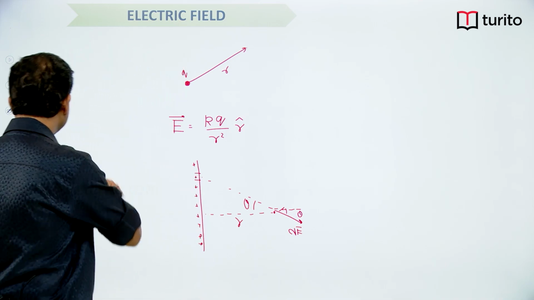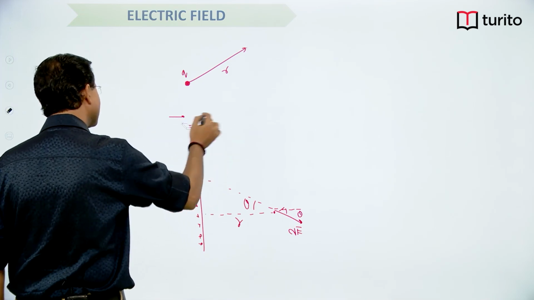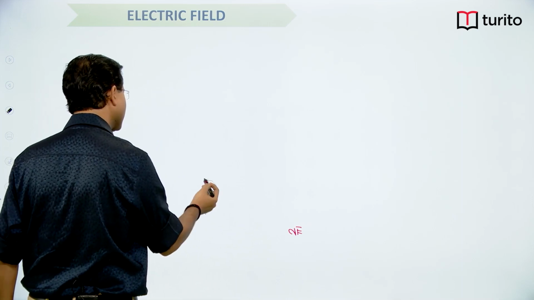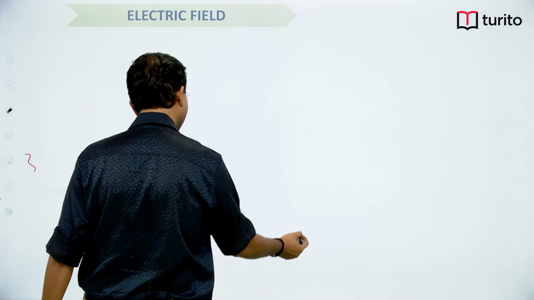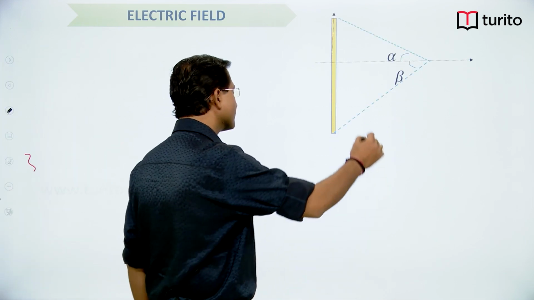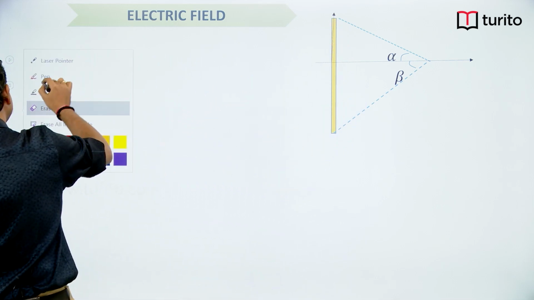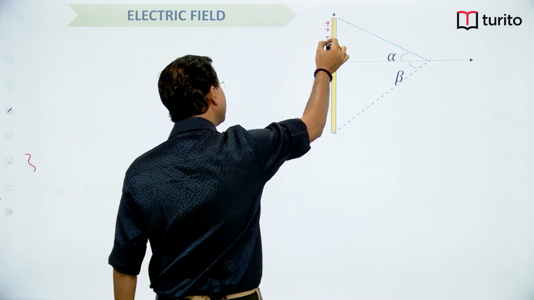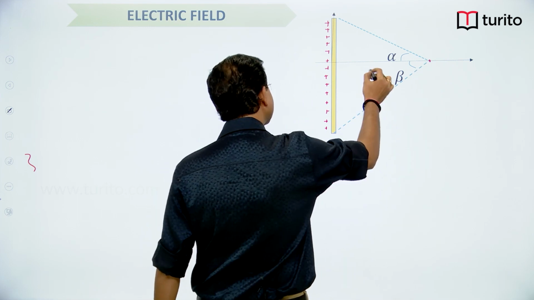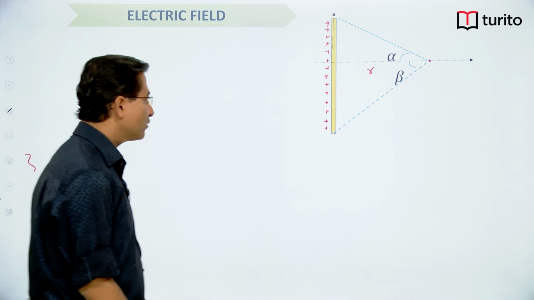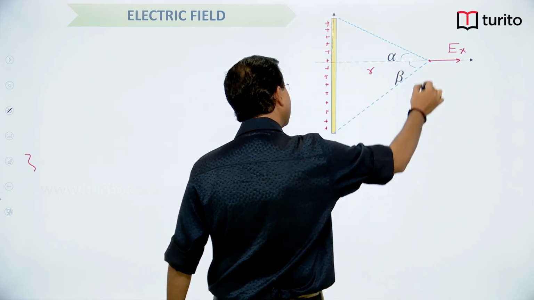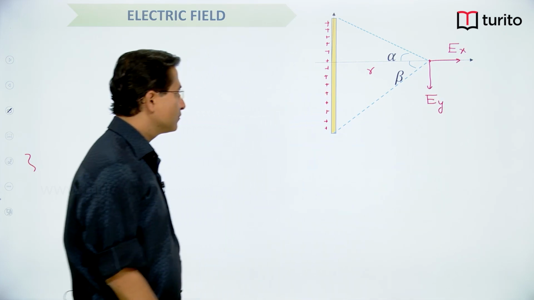So, after vector addition of the field created by all the elements on the wire at this particular point, which is at distance r, we got two components of field, one along the x direction, another along the y direction: perpendicular to the rod and along the rod, after integration.